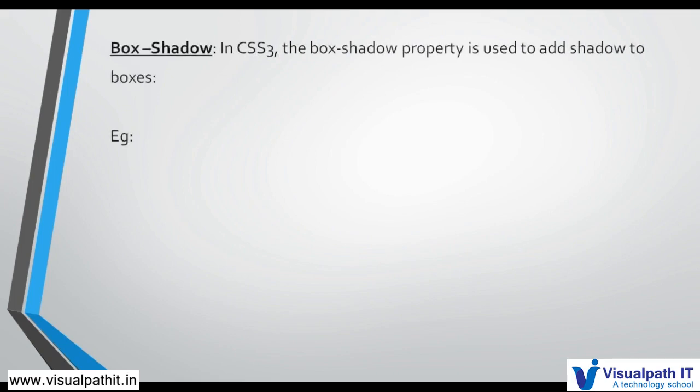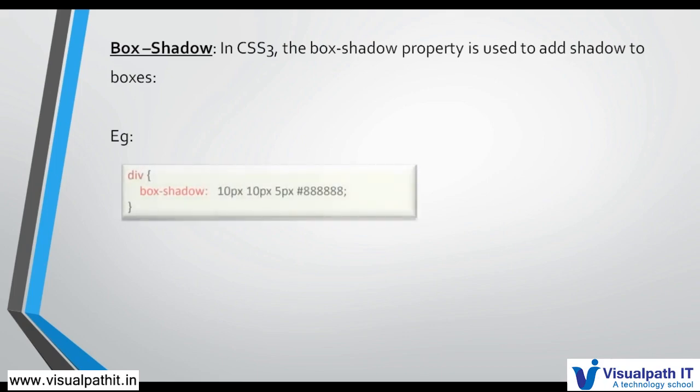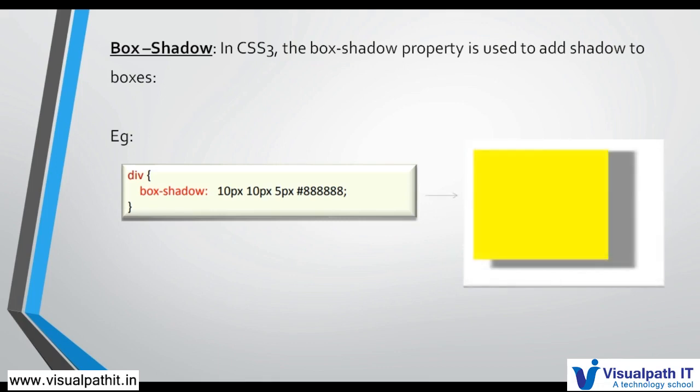Next, we have box shadow. In CSS3, the box shadow property is used to add shadow to boxes. For example, box shadow 10 pixels, 10 pixels, 5 pixels, then the color. So to make a box shadow, the shadow will be on the right side. If you put it like this, see the output.